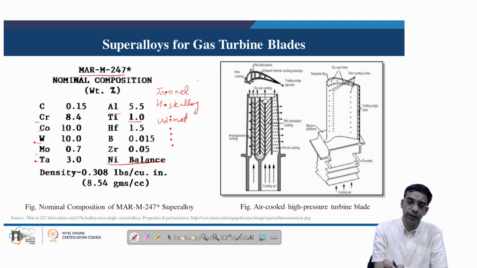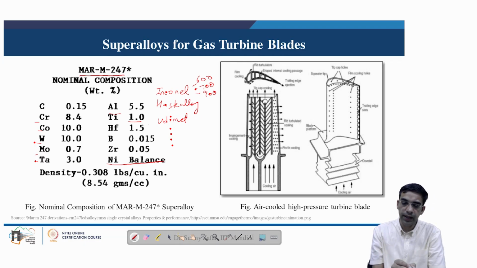Like in Inconel we have the 600 series of alloys, the 700 series of alloys, the 900 series of alloys. All these series will have a specific nominal composition, and the specific nominal composition results in some characteristic properties, and based on the application the particular superalloy can be chosen for that particular application.